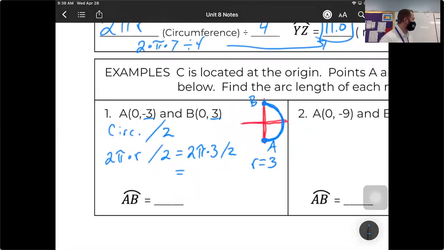Sorry, I know it's kind of small for some of you in the back. 2 times pi times 3, then divide by 2. All right, let's confirm that. I've got a guess of 4.7. It's wrong.